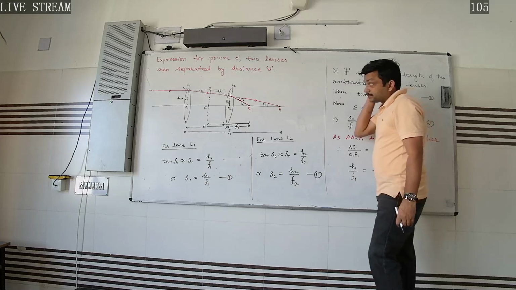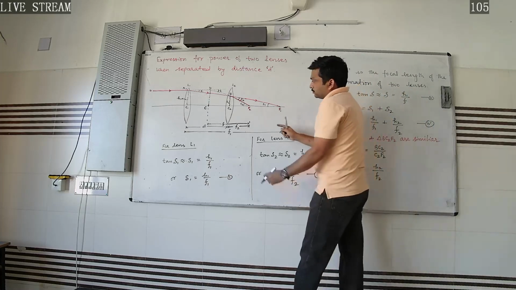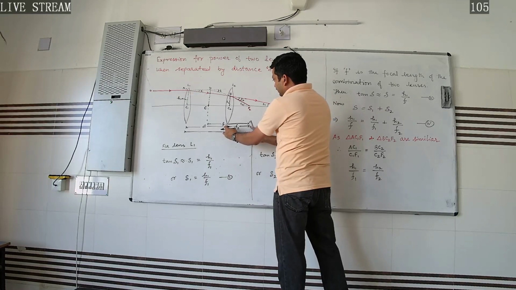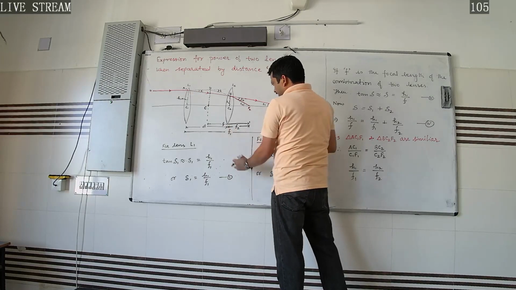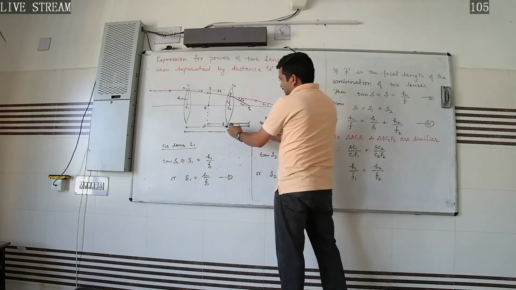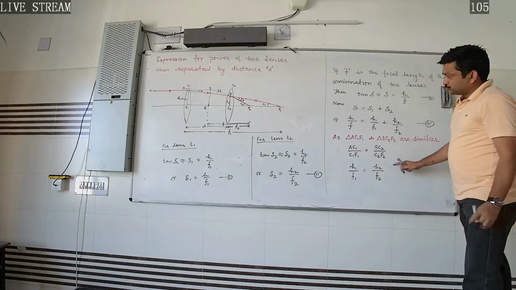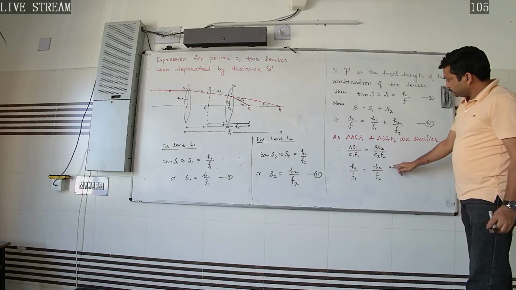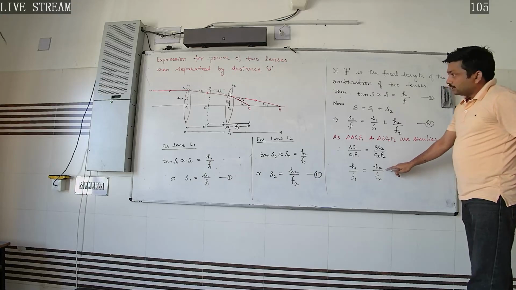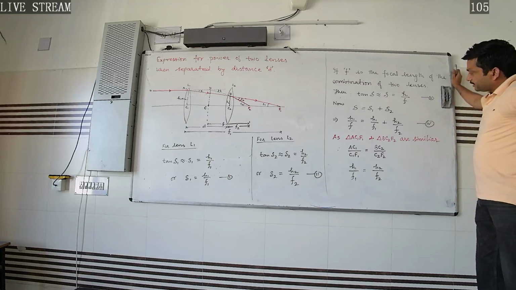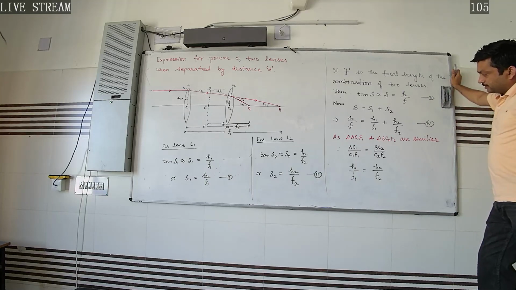How can we write this in terms of this? So this distance F2 can be written as F1 minus D. If I put it as F1 minus D, then what would happen?